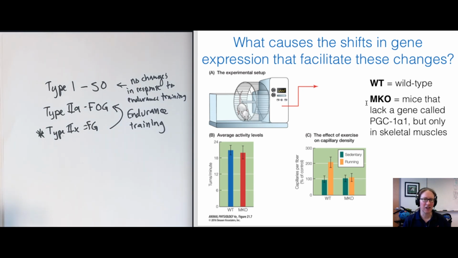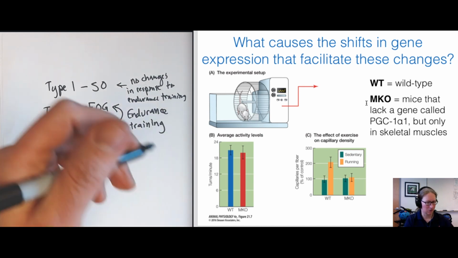So in these studies, wild-type mice were compared to MKO mice, which are knockout mice that don't have a gene called PGC1-alpha-1. And they only fail to express PGC1-alpha-1 within skeletal muscles, okay?